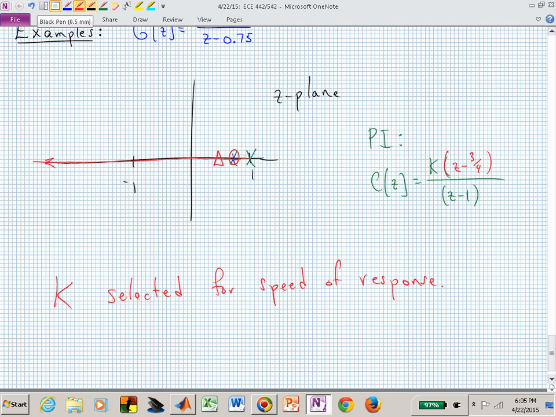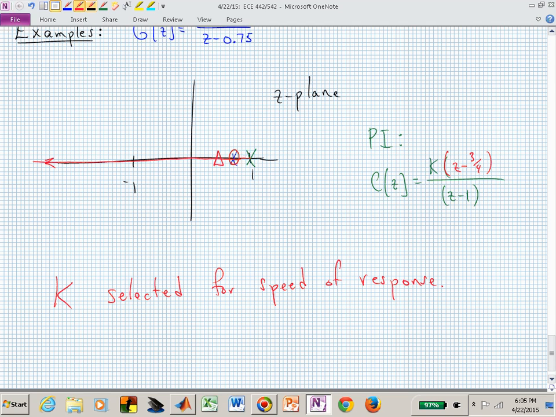How robust is that controller? Is it clear what I mean by robust? Have I mentioned that at all? Maybe not. It's a good time to mention it. What do I mean by robust?